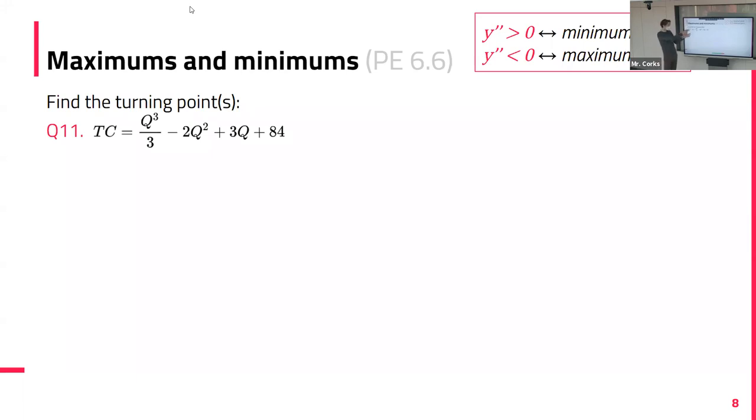Solve for x, or q in this case, for that first derivative when it's equal to 0. Then check those points in the second derivative. So find the first derivative, set to 0, solve for x, check in the second derivative. That's our process. Go ahead.